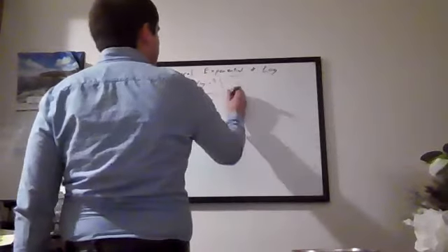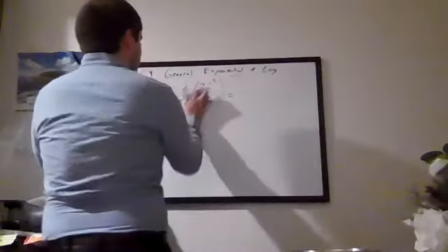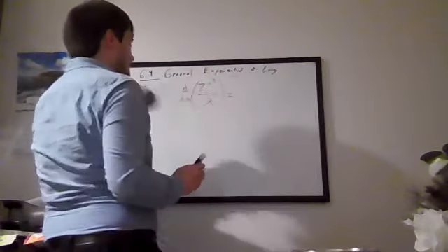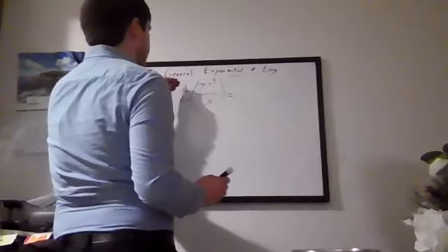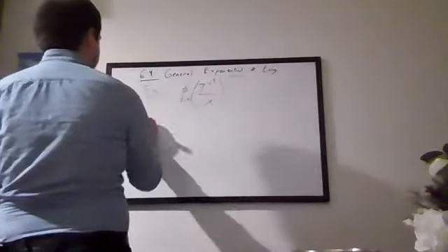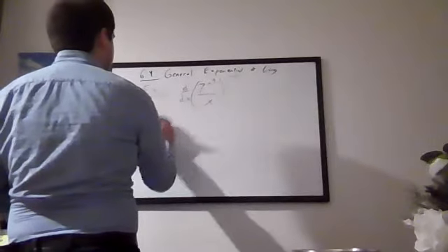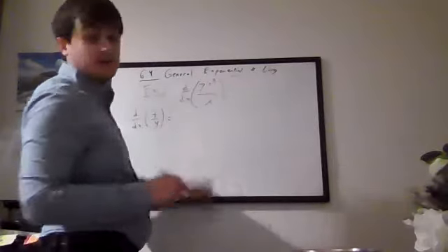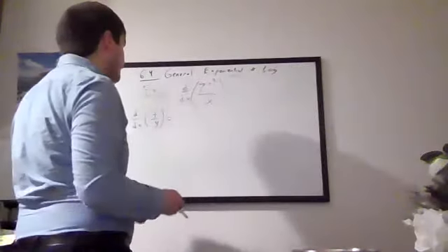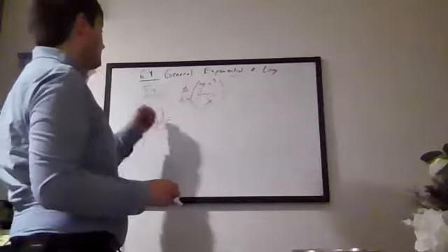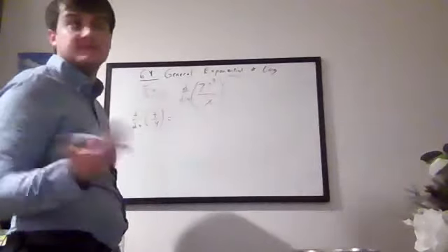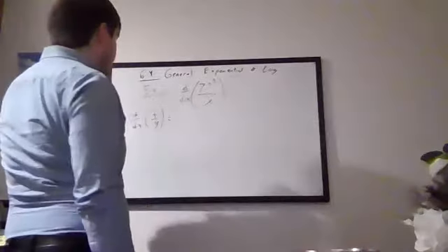Let me write the general format on the side here. So we have the derivative of f divided by g. One student in class said, and most of you might have learned it this way, you take low d high minus high d low over low, or some people say low squared, whichever you prefer.